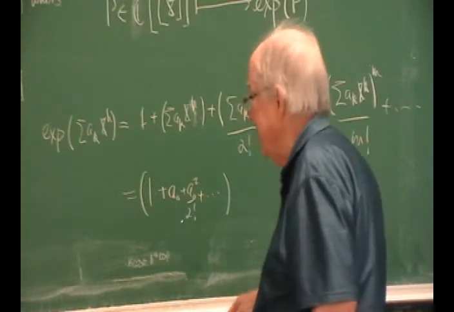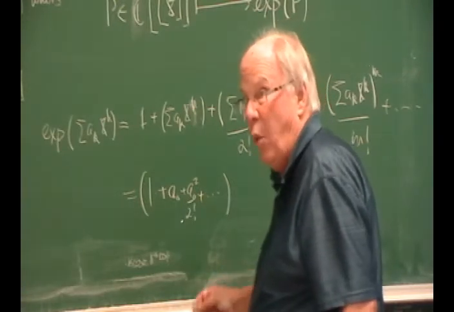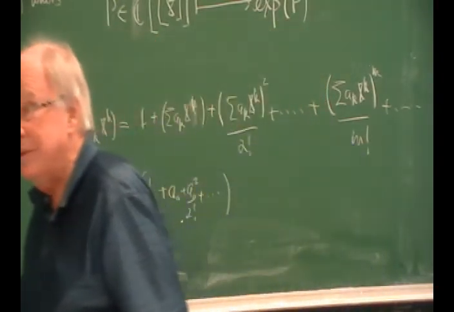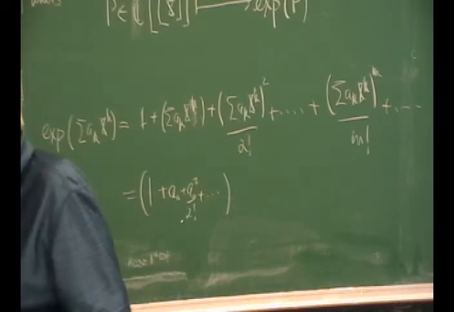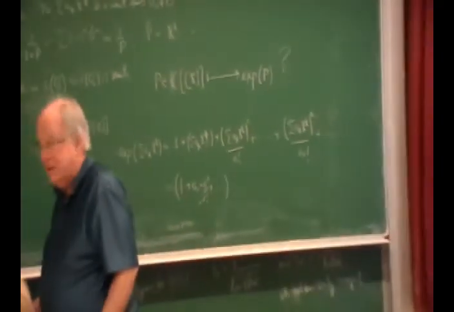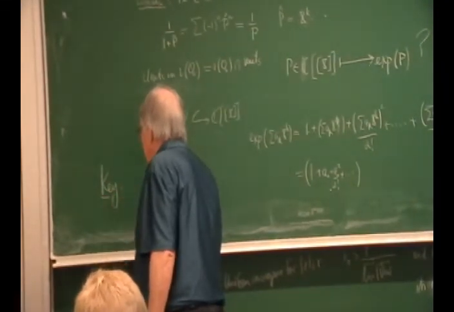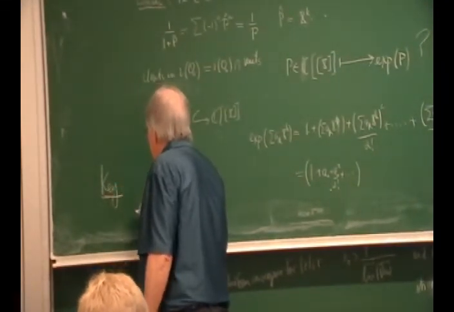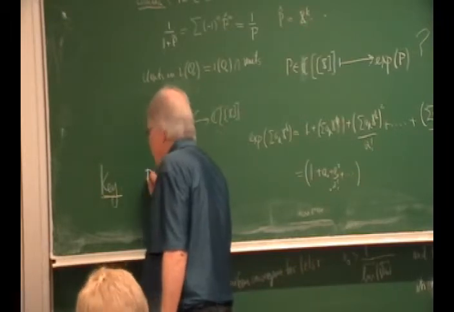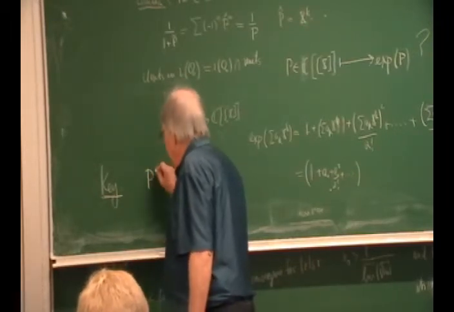Okay? So why do I want to take e to something like this? E to something, or any power function. The key is taking a formal power series and taking its root.